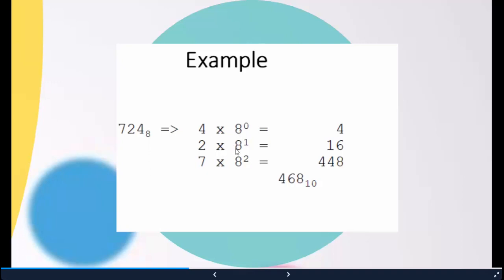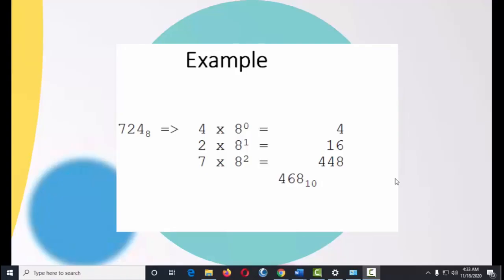If it's octal, it's times 8. So you know what happens if you do it in hexadecimal, which is base 16. Instead of those numbers, you have times 16, which we will have on the next one. So that is from octal to decimal.